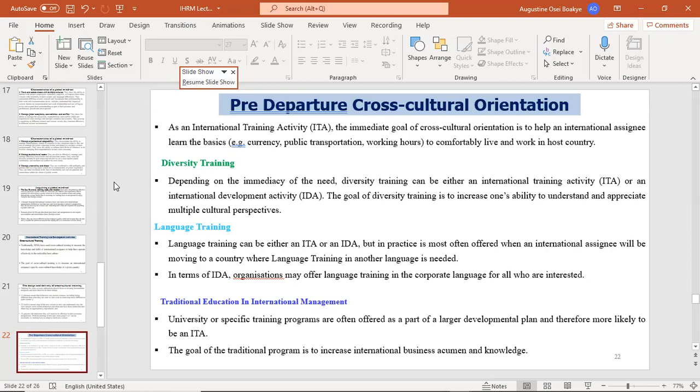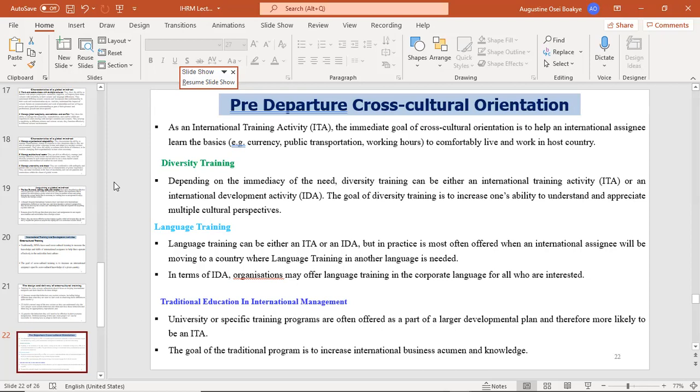Then the third thing considered at the pre-departure orientation is traditional education in international management. Usually, these are some of the things that you can acquire from your university or polytechnic education. So university or specific training programs are often offered as part of a large developmental plan and therefore more likely to be an IDA.